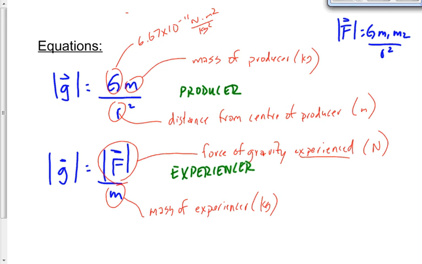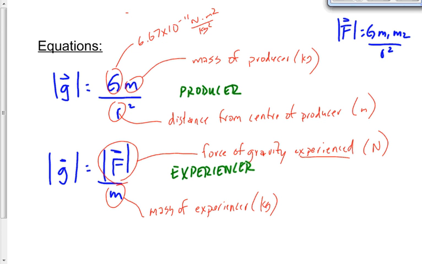When should we use each equation? Listen, it doesn't matter which equation you use as long as it fits the givens that you have. If you have givens about whatever is causing the field, then go ahead and use the first equation. If you have givens about what experiences the field, the pen in this case, then use the second equation.